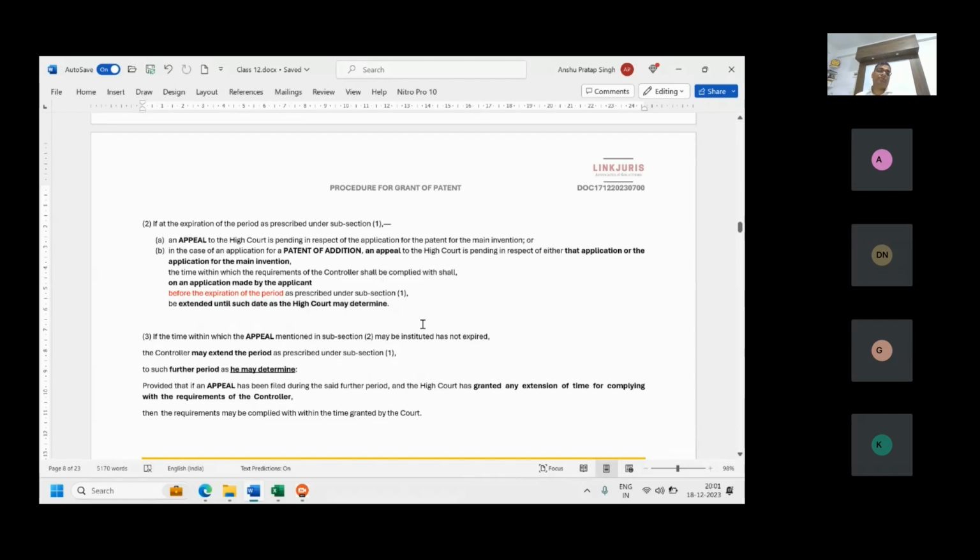So what he is talking about is, suppose the controller has said something and you have gone for an appeal, or in a patent of addition there is an appeal, or the main invention is under appeal. What will you do? Either 6 months or the extended period as prescribed by the High Court, whichever is the later. This is how it will work.